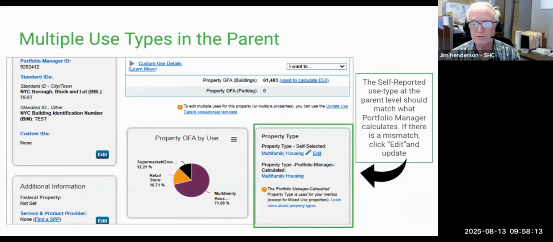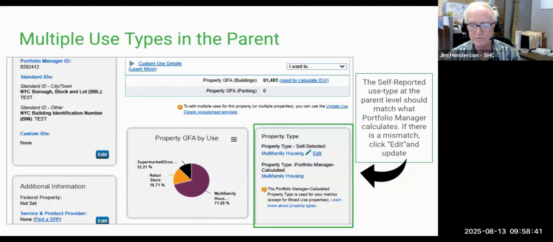The use type selected for the parent property is shown in the property type window under the details tab. You can see this on the right here. So here we have the multifamily housing as the use type selected by the user. And it's also selected by Portfolio Manager. They will calculate a use type for your property, but occasionally they'll calculate a different use type for your campus.